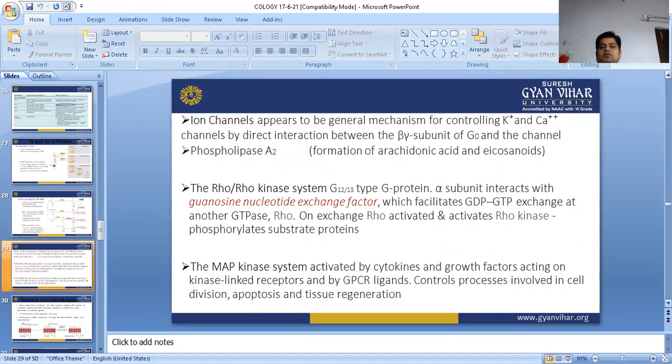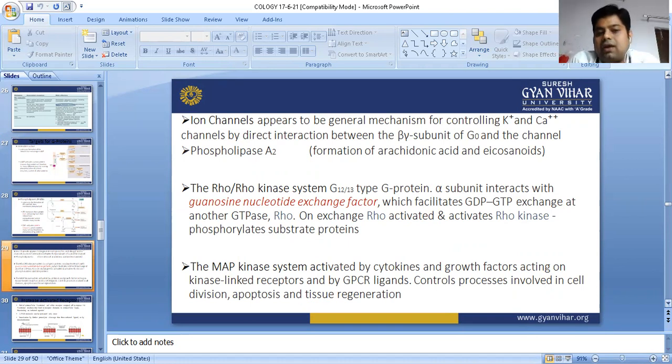The ion channel appears to be a general mechanism of controlling potassium and calcium channels by direct interaction between the beta and gamma subunits of G0, the channel phospholipase A2 for the formation of arachidonic acid and eicosanoids.